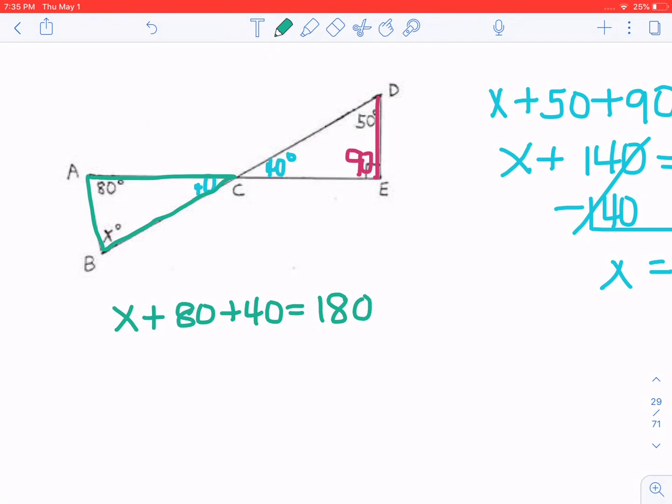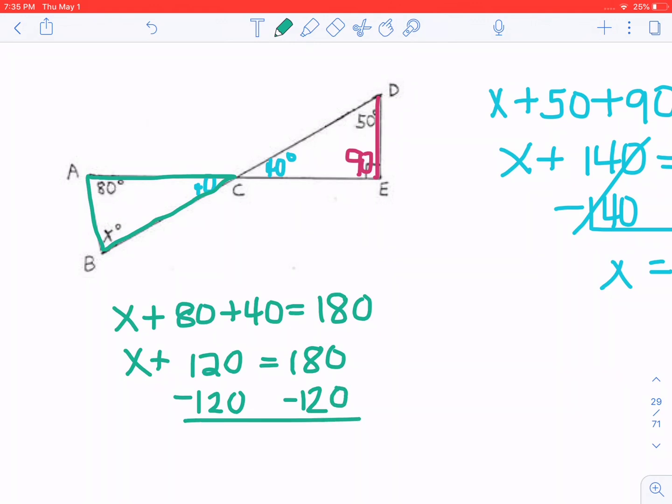So I just took the three angles inside that green triangle and set them equal to 180 degrees. So 80 plus 40 is 120. To solve, we're going to subtract 120 from both sides. So x is going to be equal to 60 degrees.